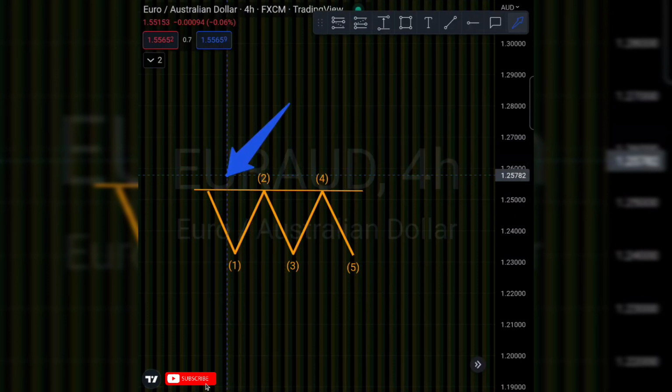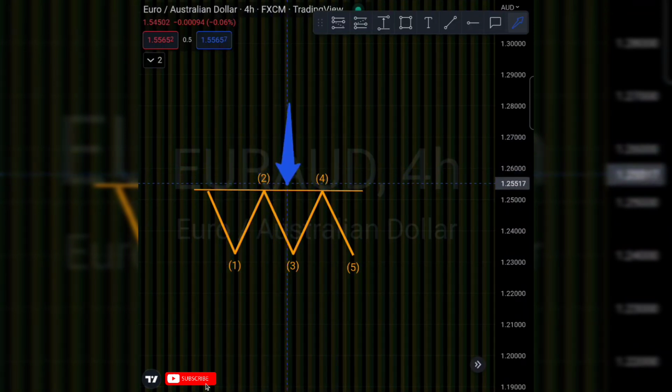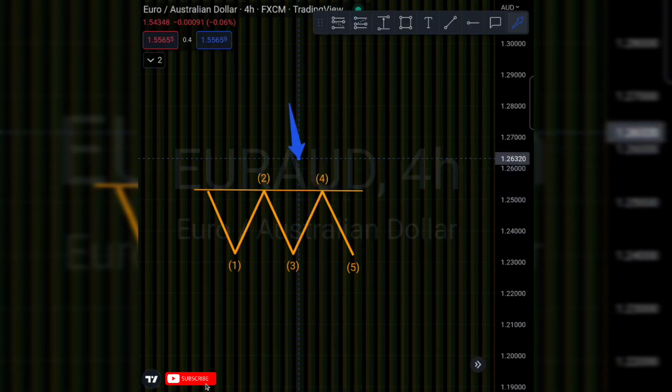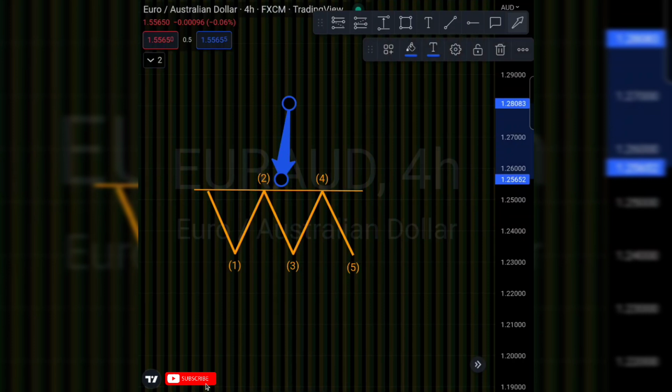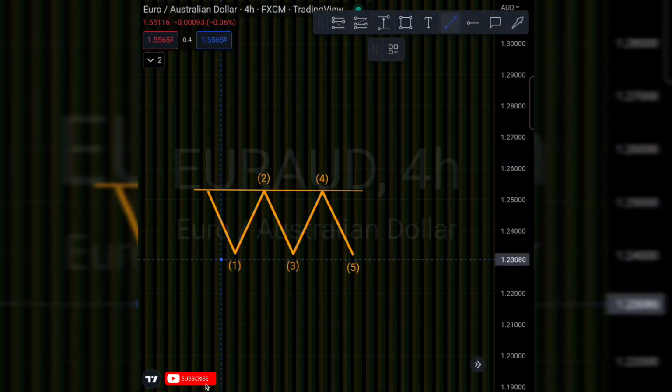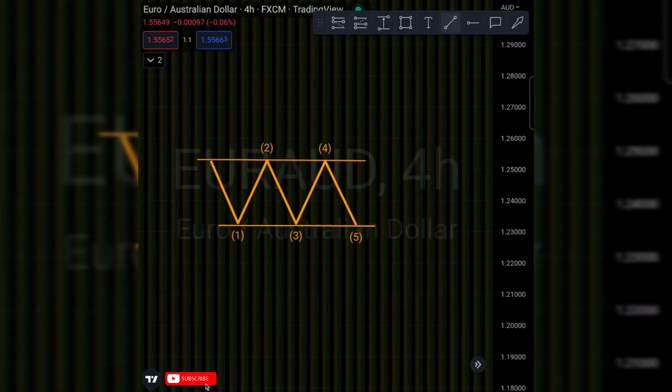So this top line right here will be your resistance, containing price, pushing price down, right? And also what you have is some support, the floor, pushing price back up, right?